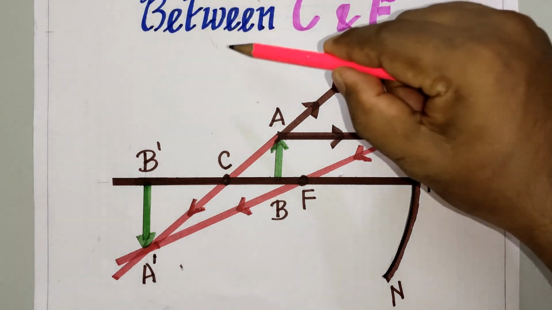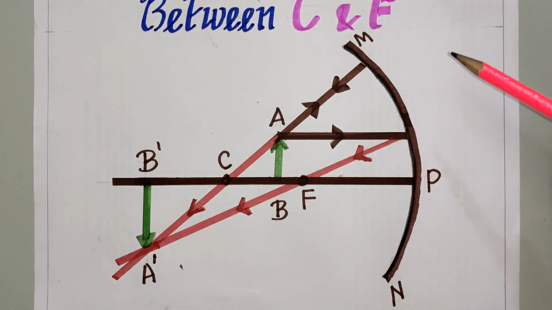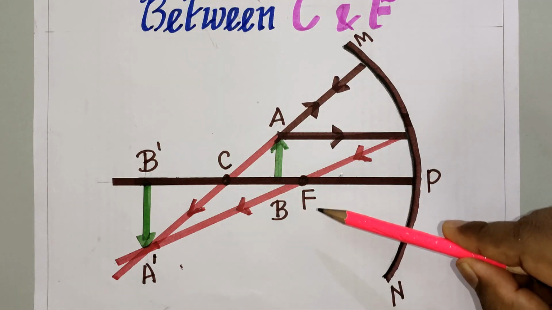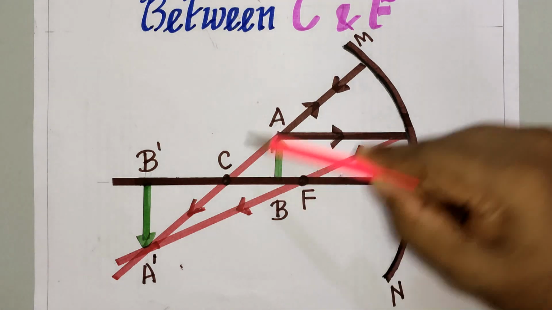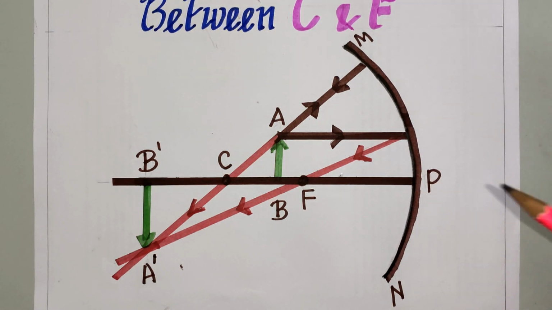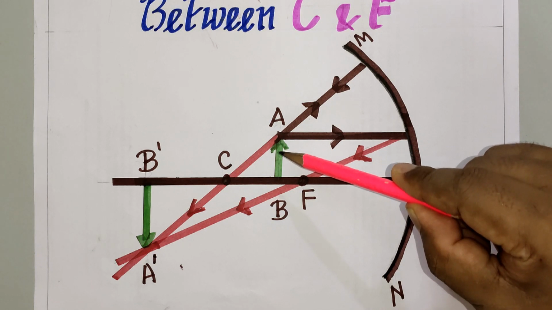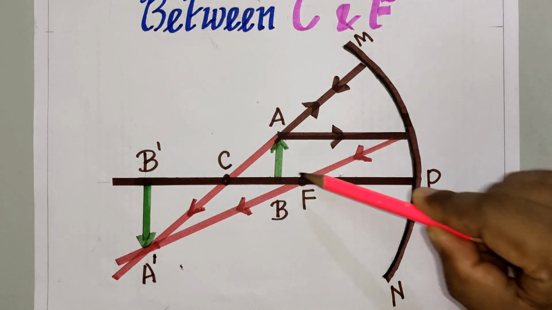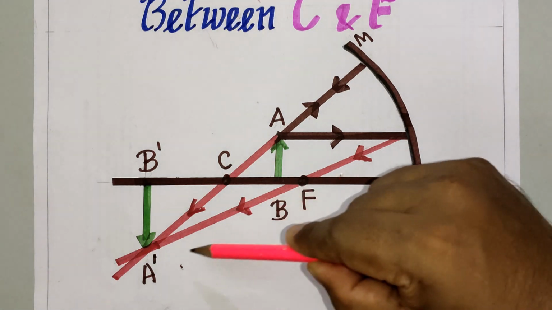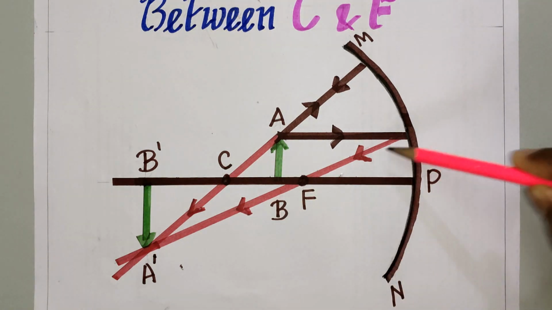Fourth position, between C and F. When we place the object between C and F, then we will get the image beyond C. How? From the 4 rules, we may take any 2 rules. According to rule 1, if the light rays from the object travel parallel to the principal axis, they will reflect through focus only.